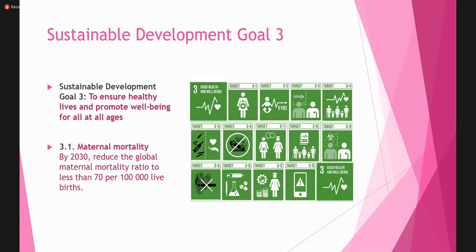Goal number 3 is to ensure healthy lives and promote well-being for all at all ages, and 3.1 is that maternal mortality should be reduced to 70 per 100,000 live births by the year 2030. So these are the Sustainable Development Goals to be achieved by 2030.